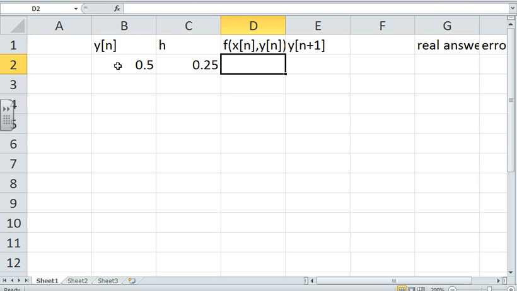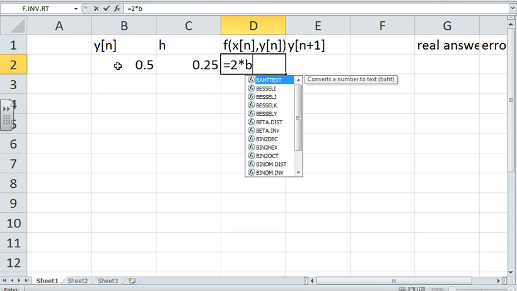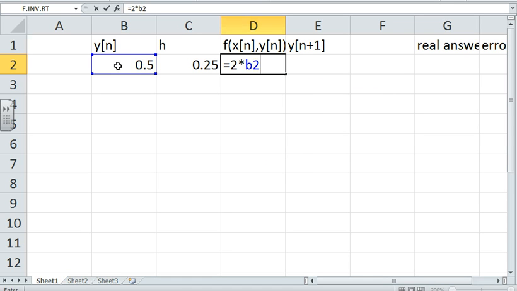And our f, that's going to be 2 times, equal sign, 2 times b2.